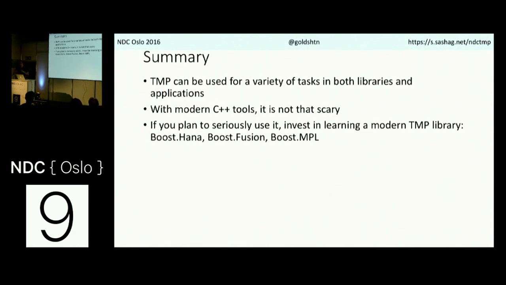Now, if you're seriously considering investing in TMP libraries, instead of building these basic tools yourself, there's a bunch of options to choose from, right? So you don't have to build the basic combinators, for example, for testing whether a certain property holds for multiple types, that kind of thing. You don't have to build yourself unless you just enjoy the process.